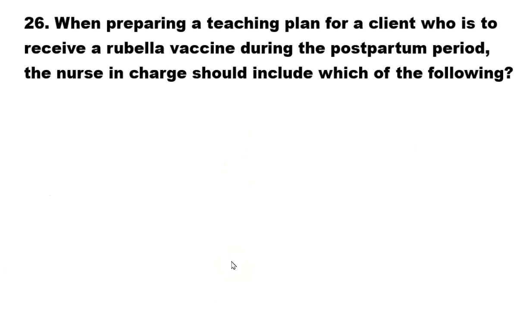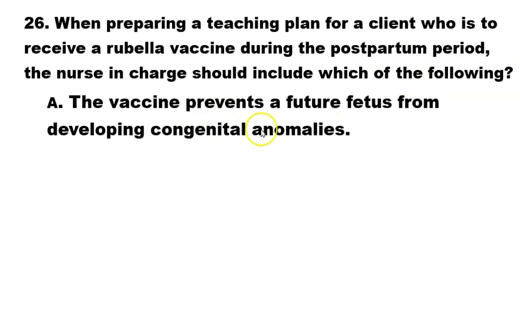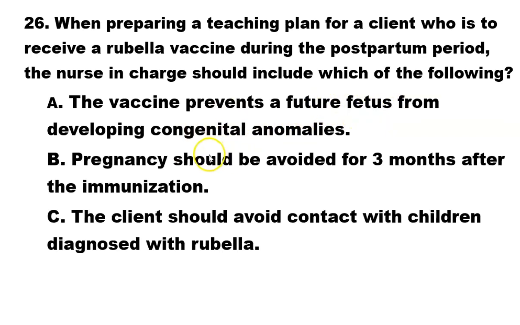The next question. When preparing a teaching plan for a client who is to receive rubella vaccine during the postpartum period, the nurse in charge should include which of the following? A. Vaccine prevents the future fetus from developing congenital anomaly. B. Pregnancy should be avoided for 3 months after the immunization.